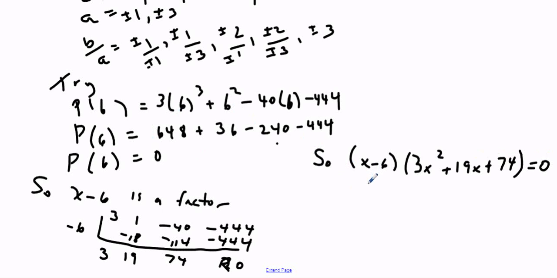And I have to figure out whether or not this is factorable or not. This is kind of ugly. It's got some big numbers, and I do not feel like figuring out two numbers that multiply to 74 times 3 and add to 19.